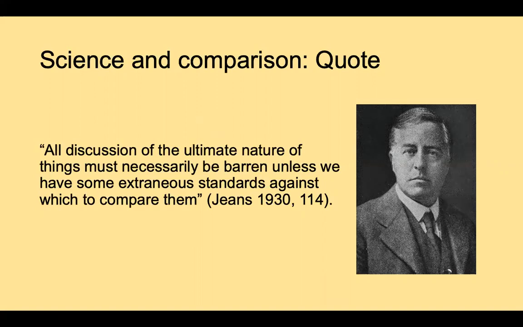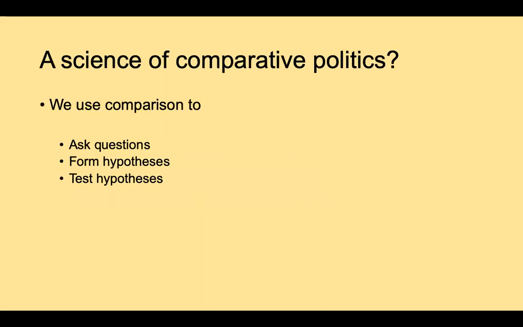So then comparison couldn't be any more scientific, and science couldn't rely any more on comparison than it does. It truly is a big part of the process. And it's so essential that we tend to take it for granted. This discussion that we're having can become quite abstract because of how remote this might seem. But when we really think about it and drill down, we'll find that comparison is part of everything that we do in science.